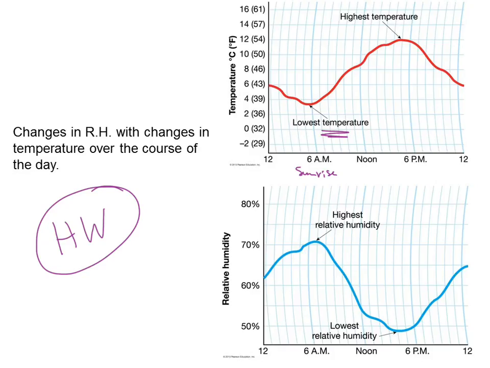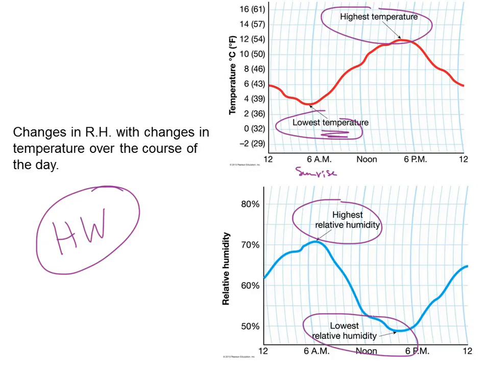Assuming you have the same amount of water vapor, this is what your relative humidity is. At the lowest temperature, you're going to have the highest relative humidity. And at the highest temperature, I know it's going to feel oppressive, but it feels backwards. When the temperature is highest, the air can hold more water vapor, so when you do the math, you're not bumping up against 100% relative humidity.